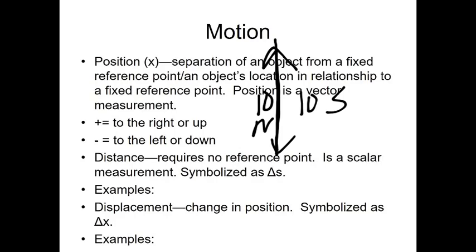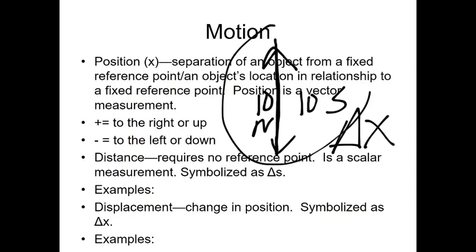That's distance. A term that oftentimes gets confused with that is displacement. Displacement is an object's change in position, and we'll oftentimes see it symbolized as delta X, change in position. Displacement is a vector, which means direction matters.